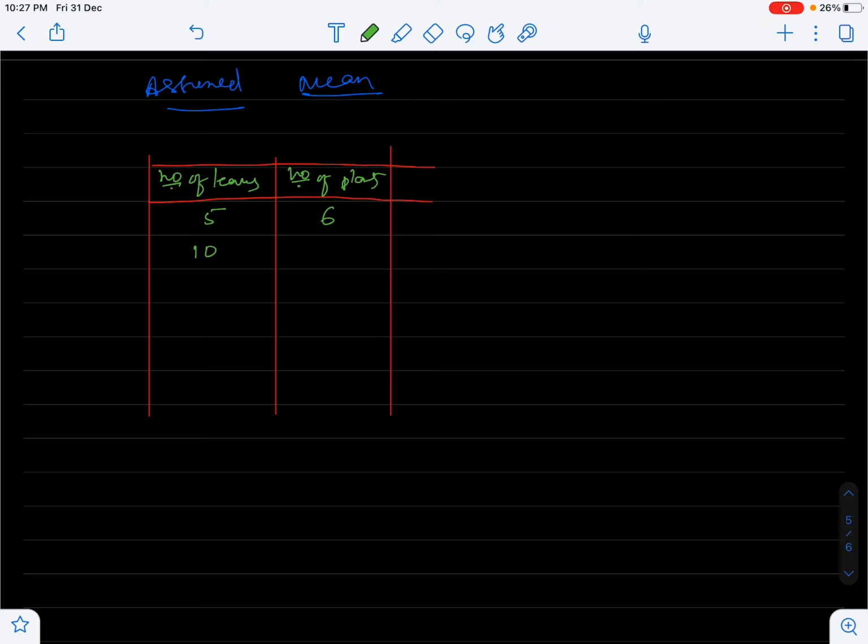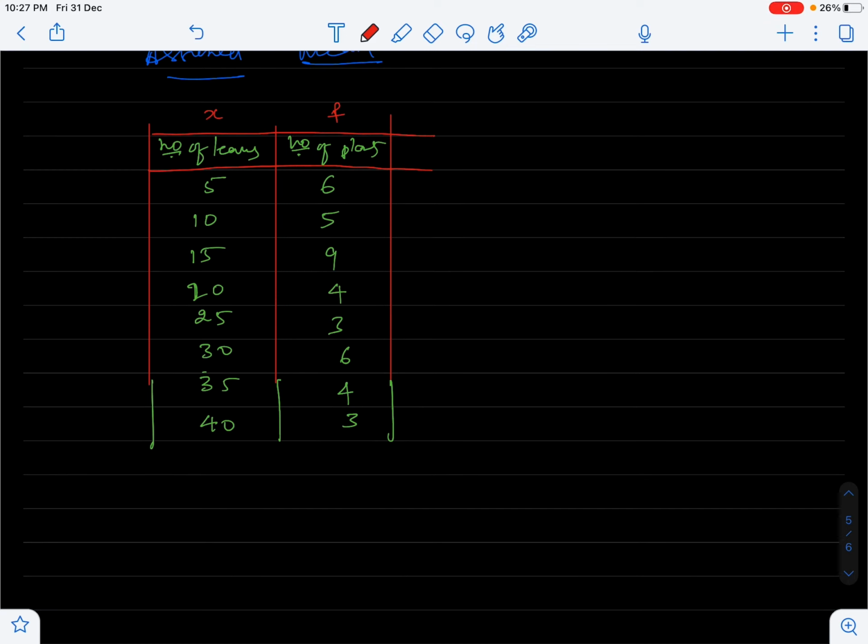The number of plants having 10 leaves is 5, and it goes on: 15, 25, 30, 35, 40, with frequencies 6, 5, 9, 4, 3, 6, 4, 3. So let this be f, frequency, the number of plants, and this is x.